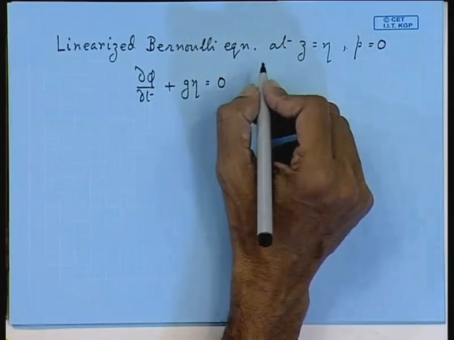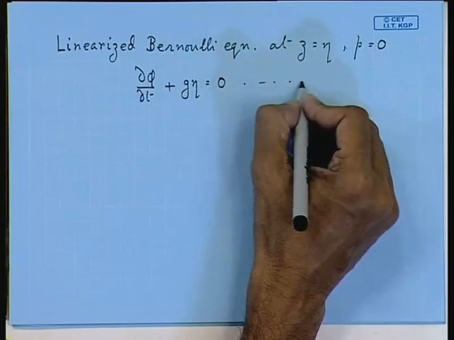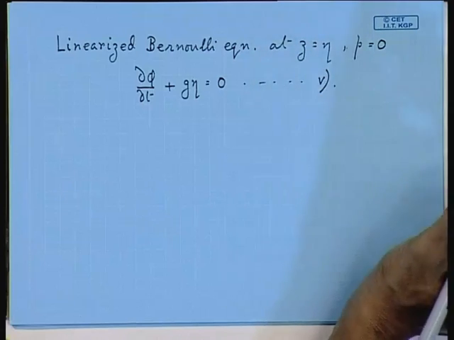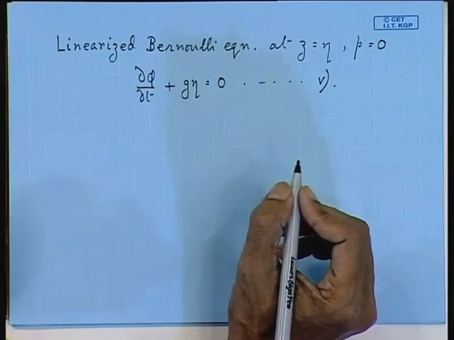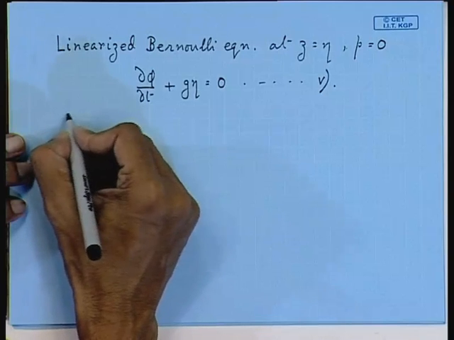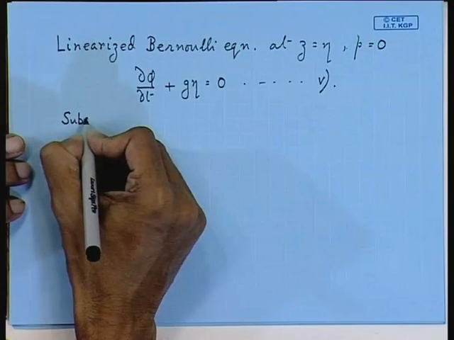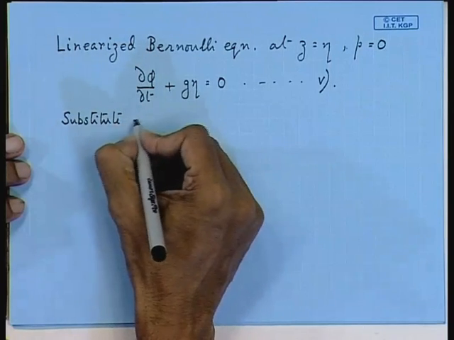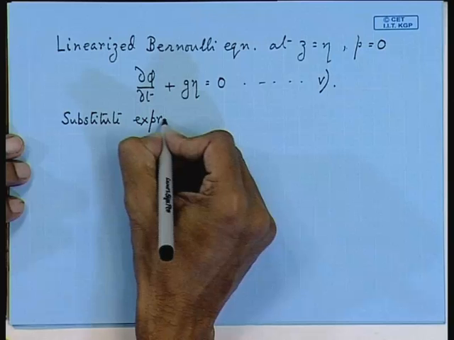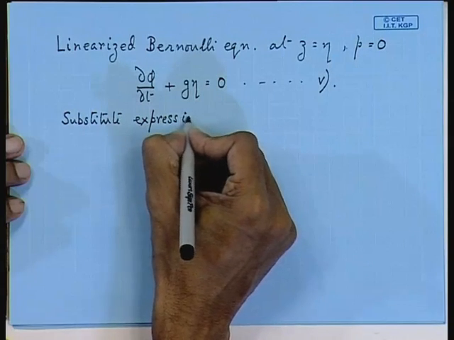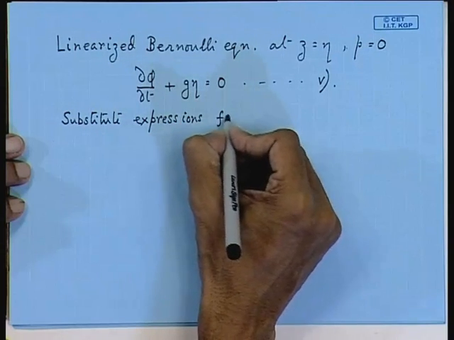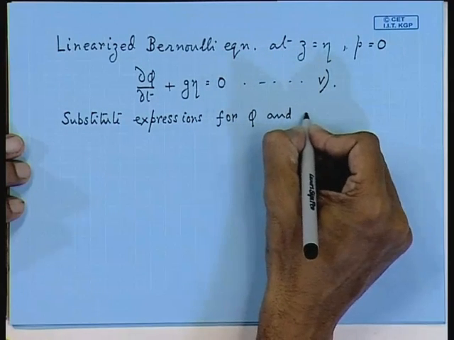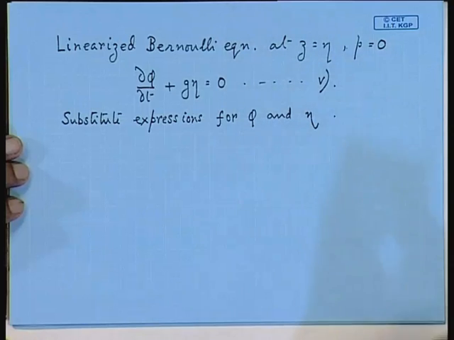Now, this is equation number, I think this will come to 5 or something like this, just correct it. Substitute the expressions for phi and eta. Now, you do this, see what you will get.